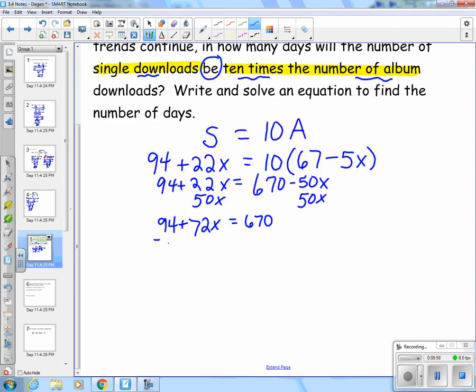And we will subtract 94 on both sides. So we have 72x is equal to, let's see, borrow, that became 6, borrow, that's 16, so 576. So now we're going to take 576 and divide that by 72.